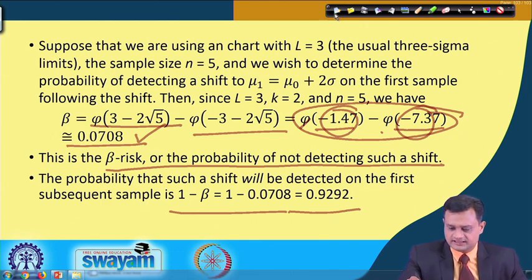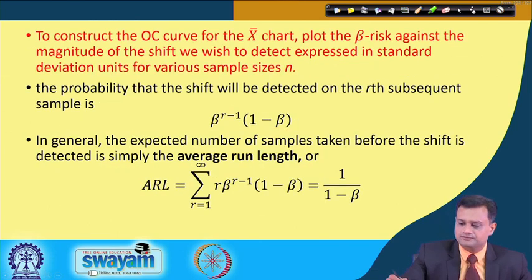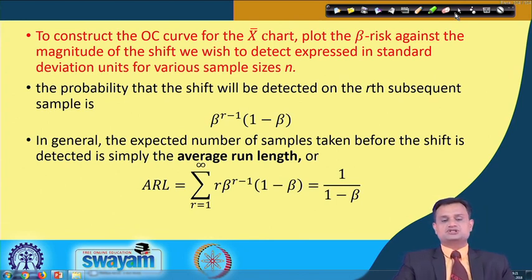Now once you have done this, the remaining task is very simple. So you have to construct the control chart, OC chart, OC curve for the X bar. So you need to plot the beta risk against the magnitude of the shift we wish to detect in standard deviation units for various sample size n. In standard deviation unit means my mean got shifted by 2 sigma, 3 sigma, 4 sigma.